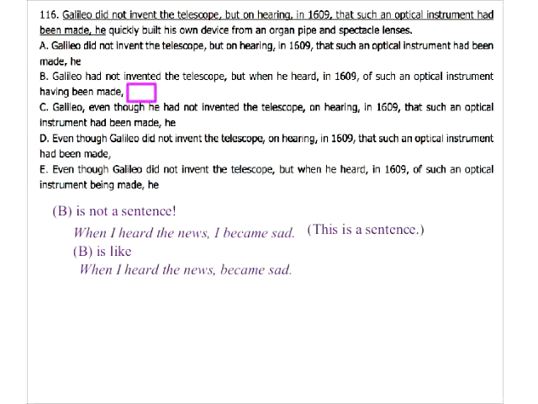So I don't know what you would call this. It's some sort of sentence fragment, not complete sentence type of thing. But it doesn't matter what you would call it. When you see something like B, you should definitely recognize, oh my gosh, that doesn't have a subject.